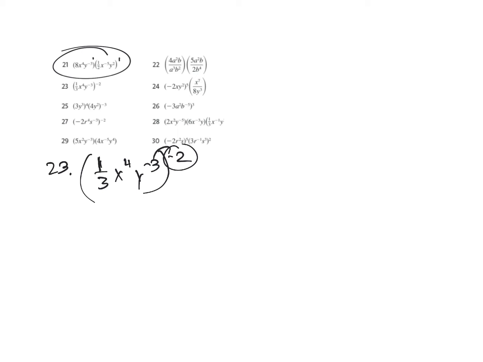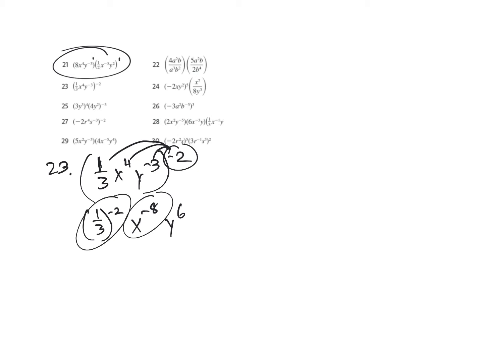So multiply the negative 3, multiply the 4, and multiply the 1/3 to the first power. So this is going to be 1/3 to the negative 2, x to the negative 8, and y to the positive 6. Now this goes in the denominator, that goes in the denominator.